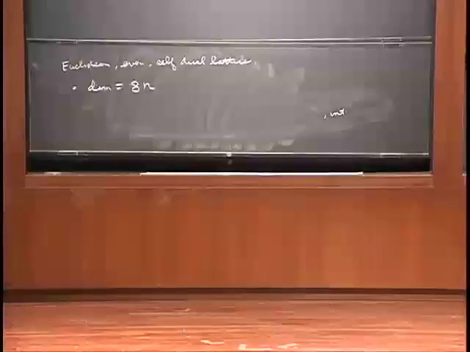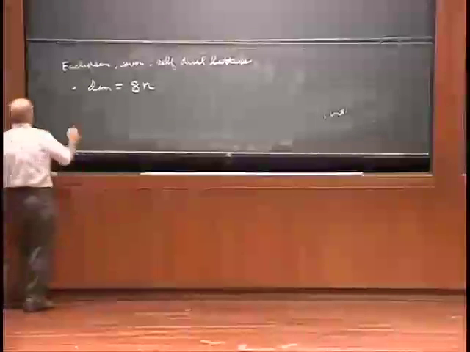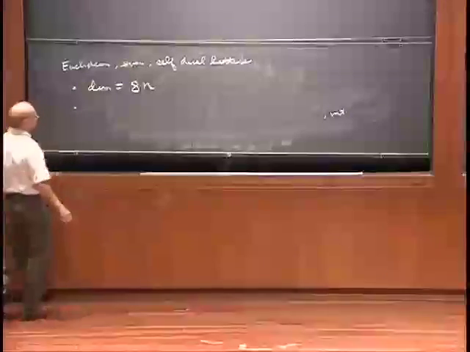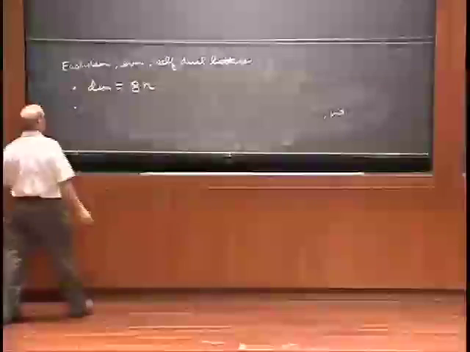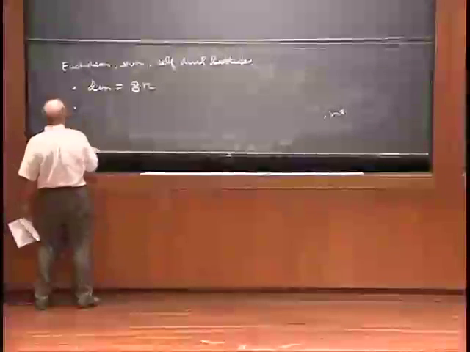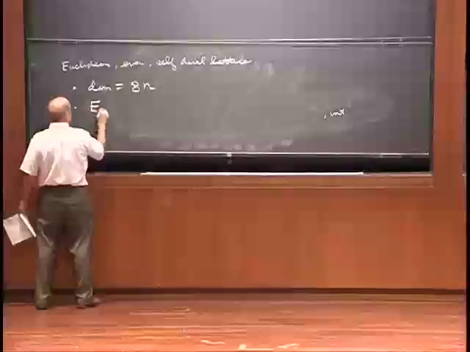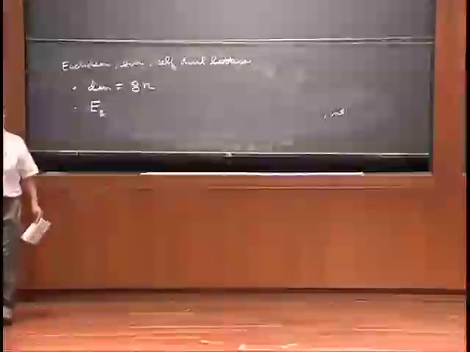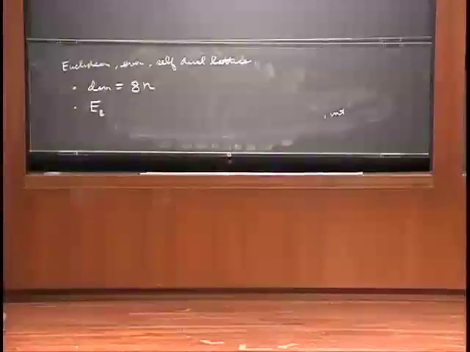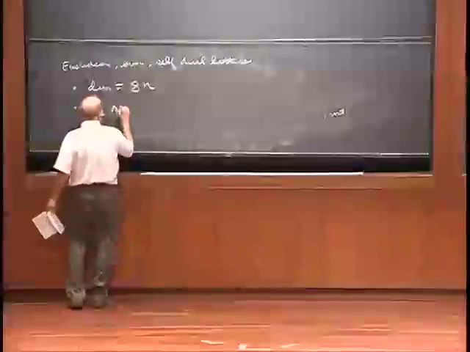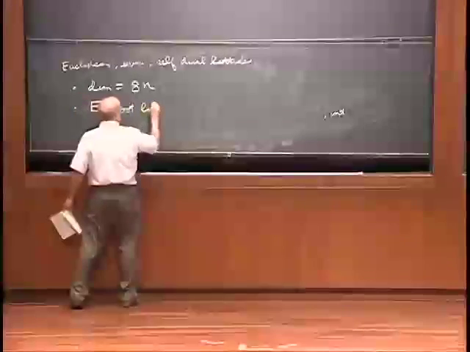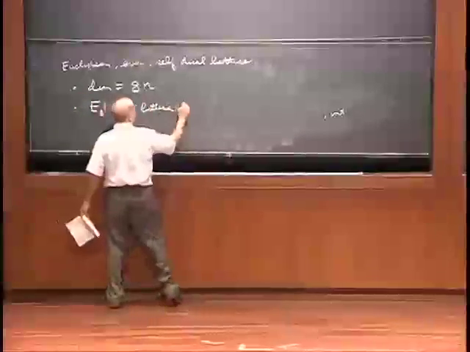For any other dimension, they don't exist. So the first example, therefore, is in dimension 8. The first example of an even self-dual lattice is the lattice generated by the roots of the Lie group E8. So the E8 root lattice is the unique example in 8 dimensions.